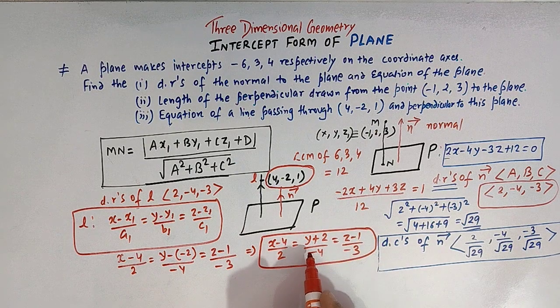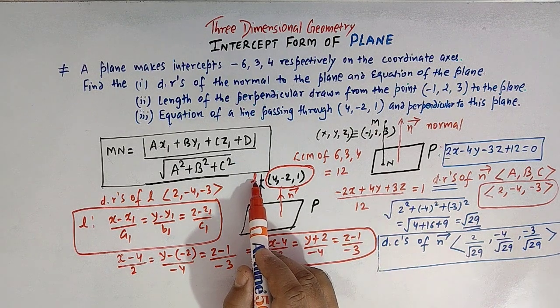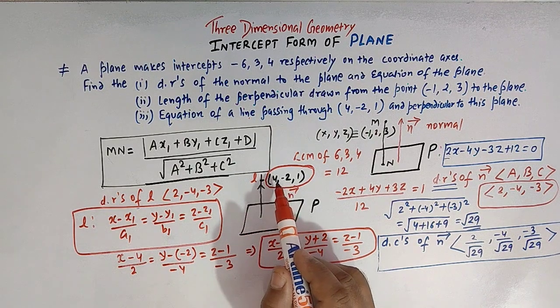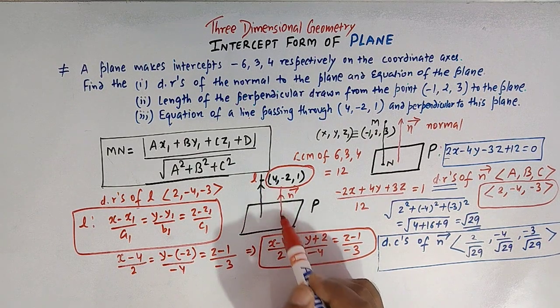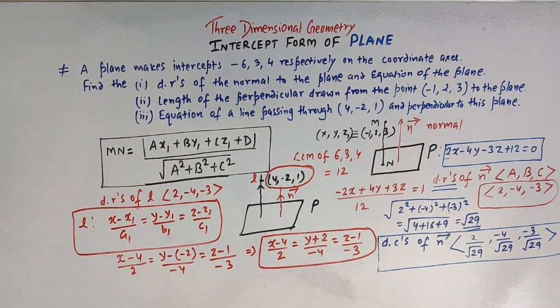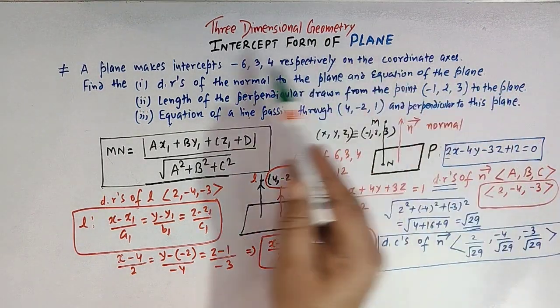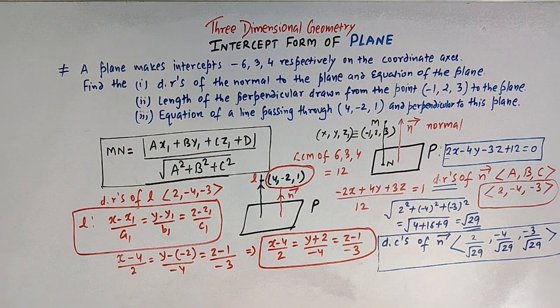So this is the equation of this line L, which is perpendicular to this plane P and parallel to this normal vector. So viewers, this is how we can solve this type of problem by making use of these concepts.